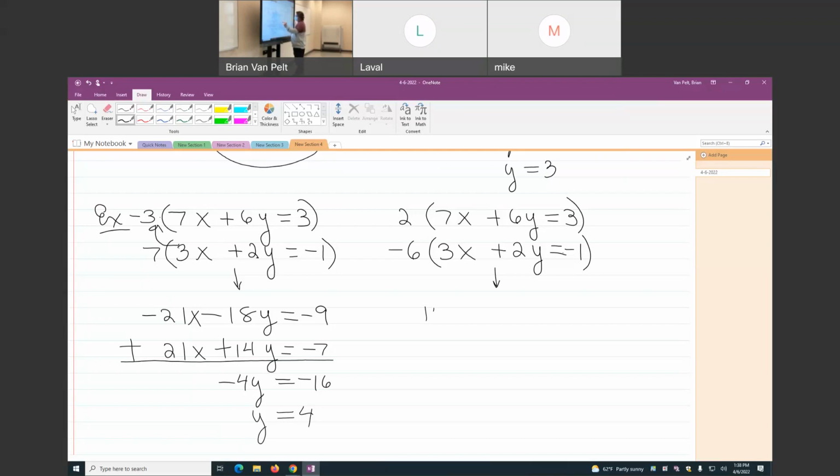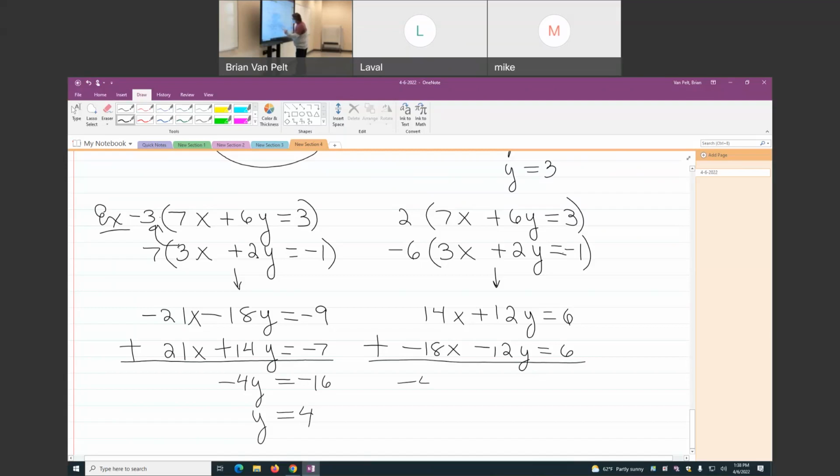On top, we have 14x plus 12y equals 6. And for the second equation, I get negative 18x minus 12y equals positive 6. So those y's wipe out. When we add them together, I end up with negative 4x equals 12.